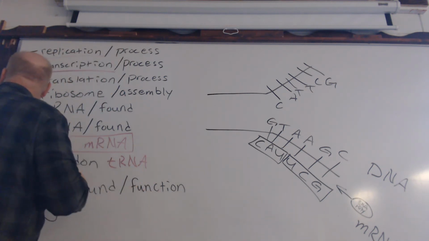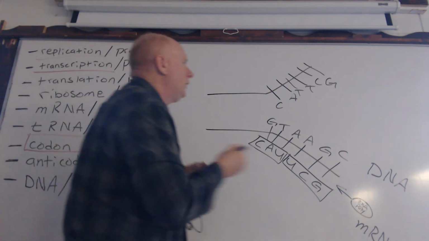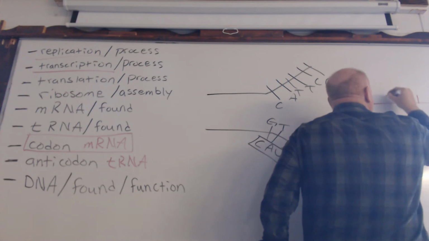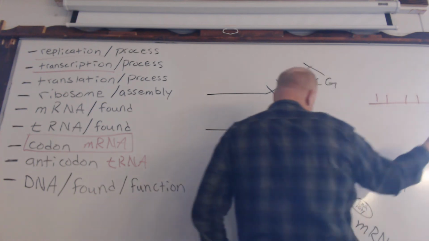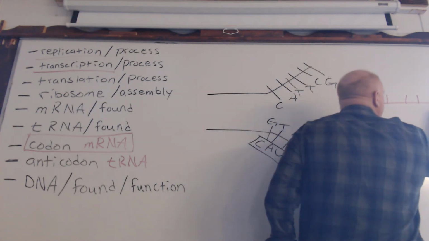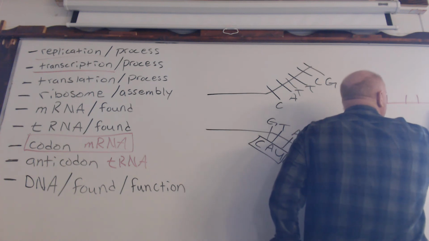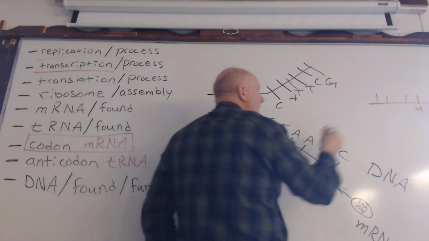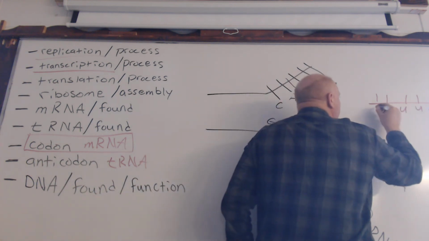Okay, so now we've got this, so 1, 2, 3, 4, 5, 6. We've got CGU. And we've got UAC. Okay?